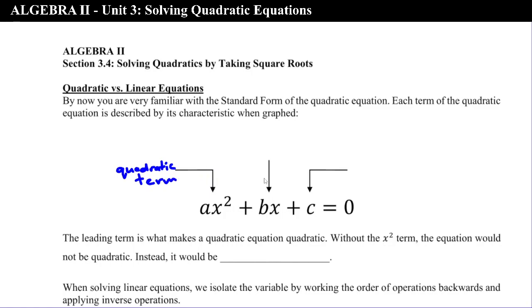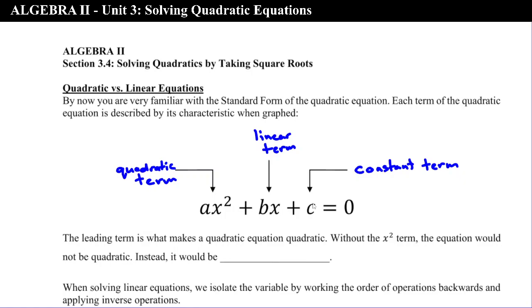The bx term is our linear term, and the c term is our constant term. So each one of these gives us a certain characteristic of our quadratic.